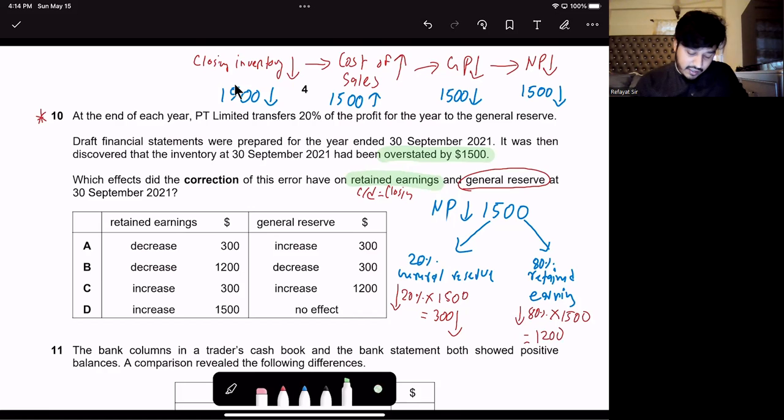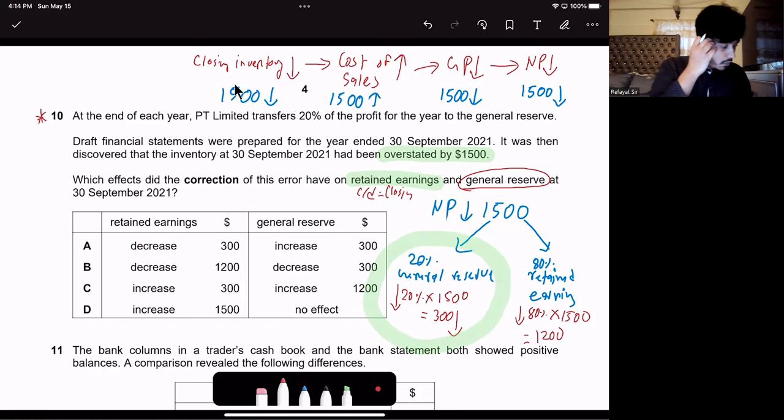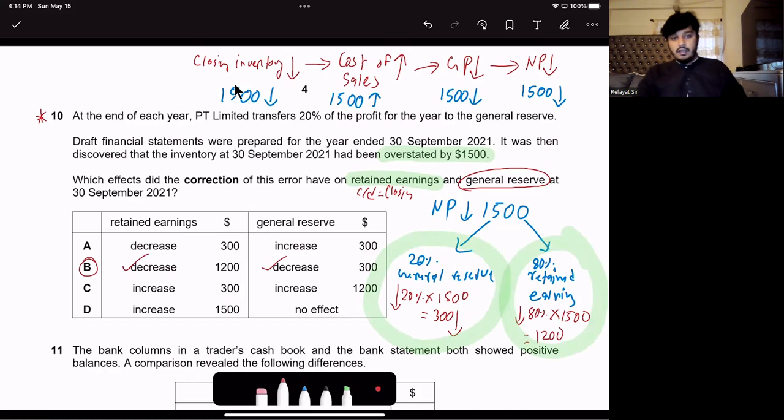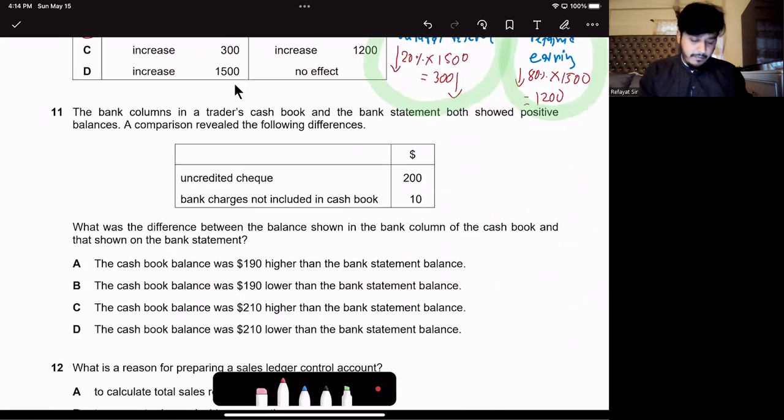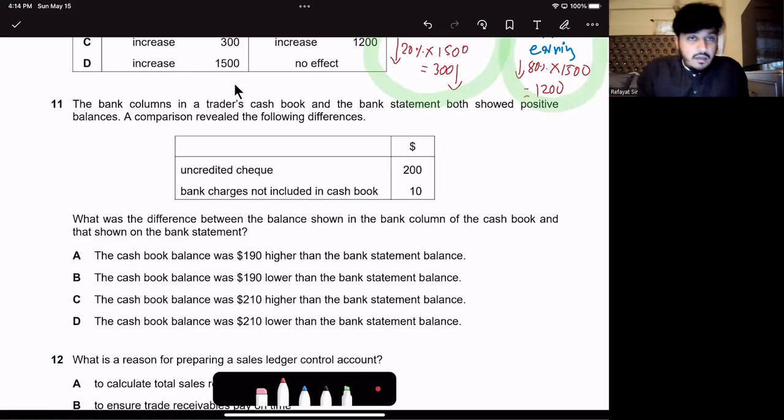So general reserve is decreasing by 300, and retained earnings is decreasing by 1,200. B is the answer. This particular MCQ was quite hard and quite new, and it never came in previous years.